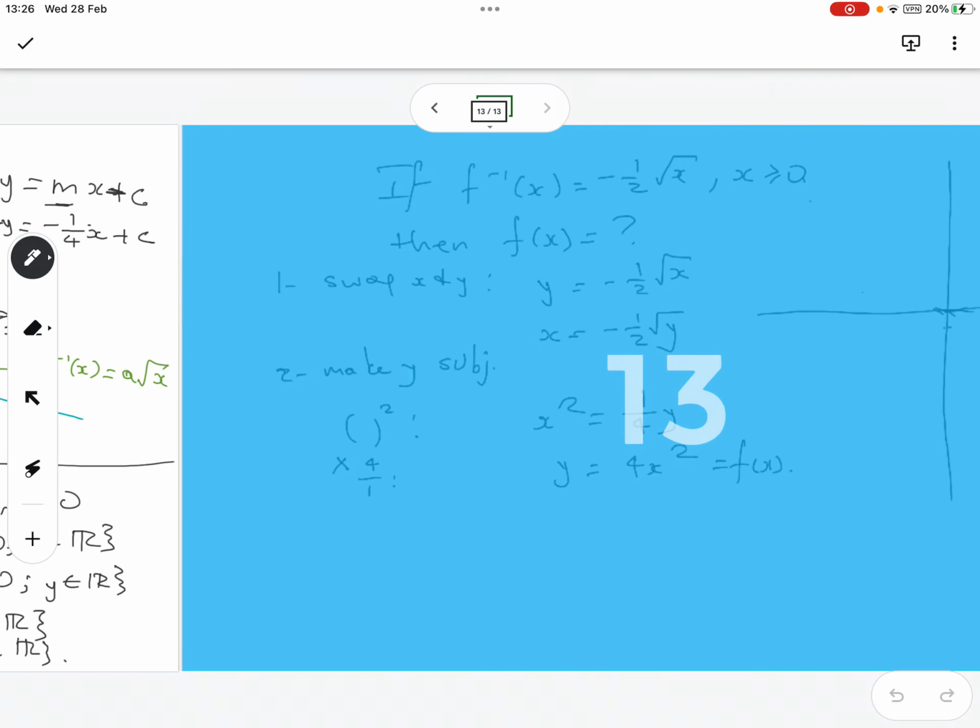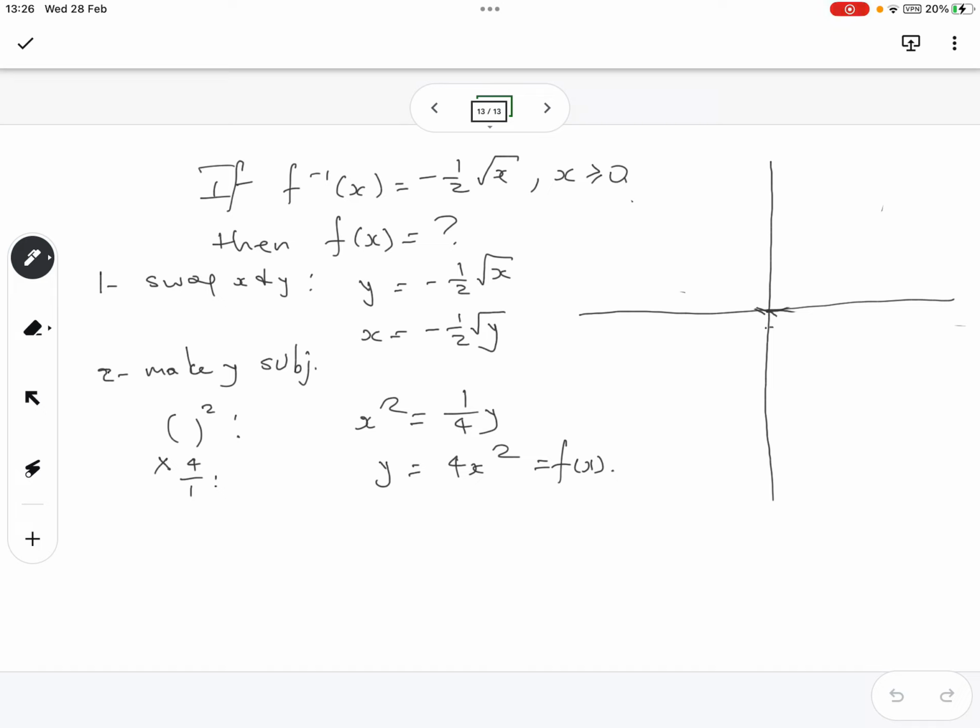Initially, blue was a straight line. Let me just. Okay. 1, 2. It's going to be too small. I should make the scale bigger.